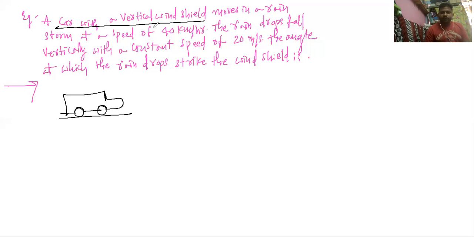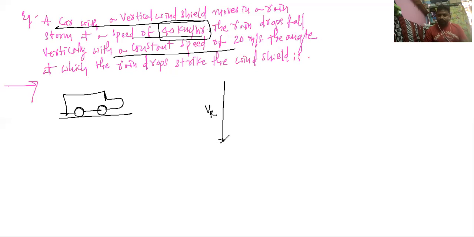It's moving with a speed of 40 kilometers per hour. The rain drops vertically with a constant speed of 20 meters per second. You can see here, this is the velocity of the rain, my dear students. If the car is moving 40 kilometers per hour, this is the velocity of the car.